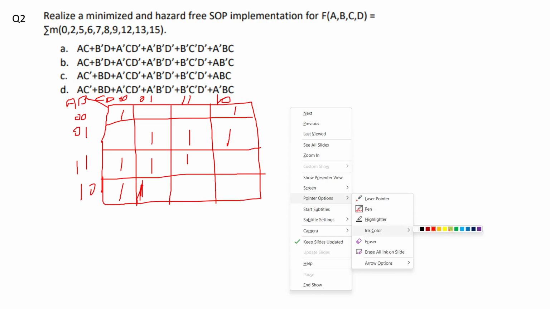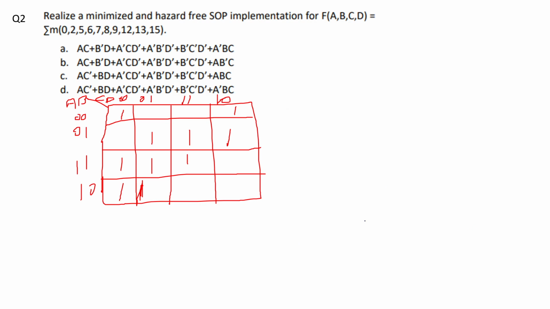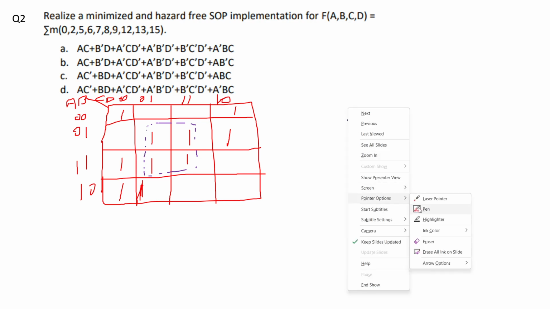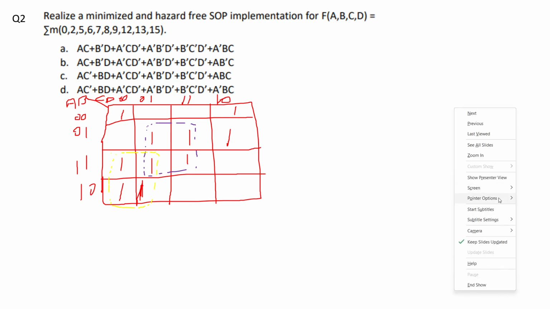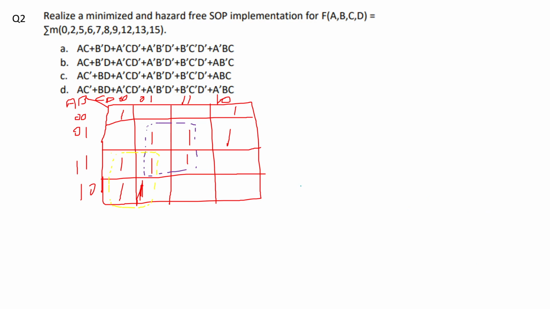I'll use a different color here. Let me use this purple color, so we can cover this with a group. And this we can cover with another group. This will also be covered by a pair.